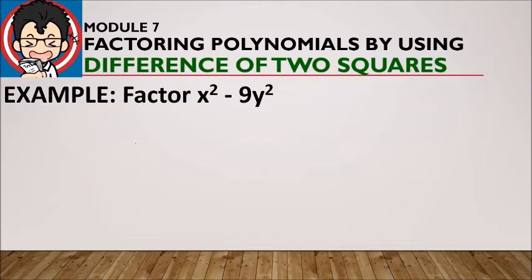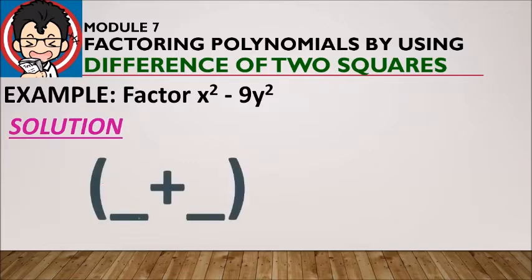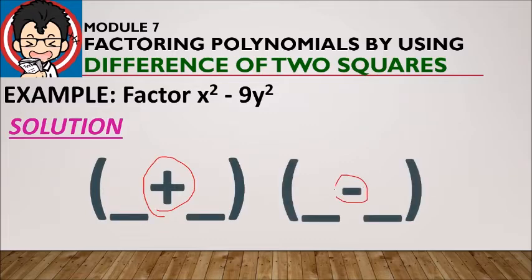Now here, an easy way to do this is to think of two binomials. Okay? One binomial expressed as a sum, and the other binomial expressed as difference. So, isang addition and isang subtraction.